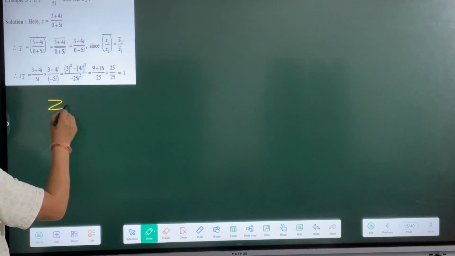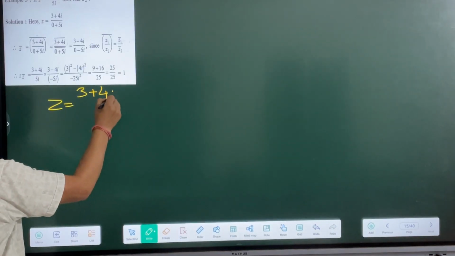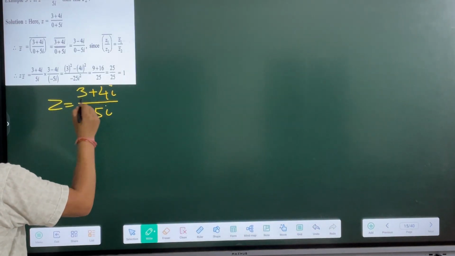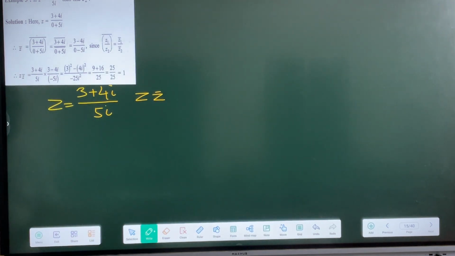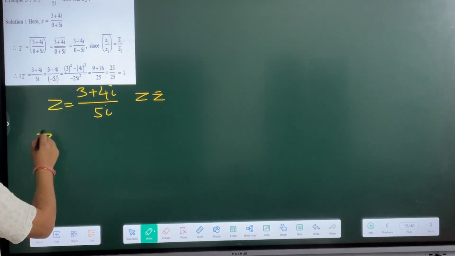This one: Z is equal to 3 plus 4i by 5i given. We have to find out Z into Z bar. Z is given, we will find out Z bar first, then we will multiply. Z bar means we have to change the sign of the imaginary part. So let us see Z bar.